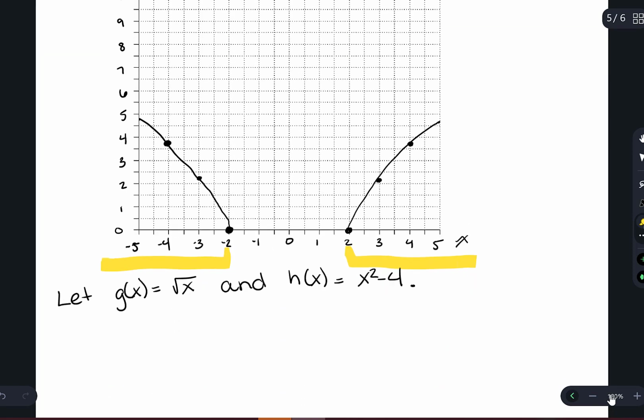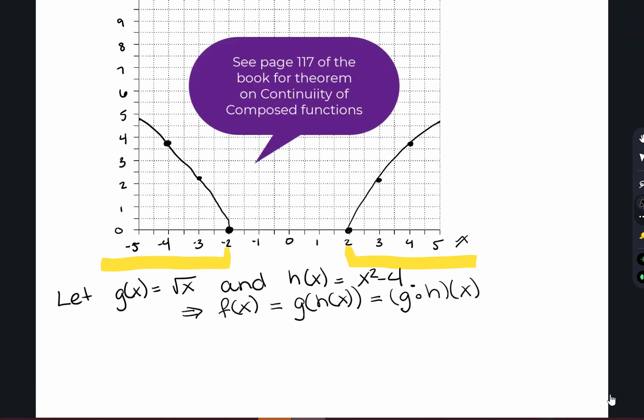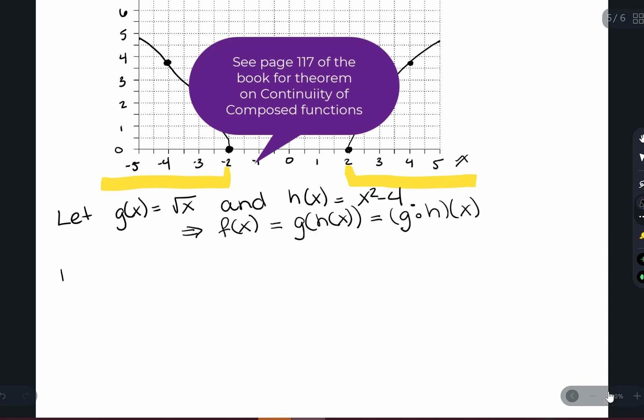So in other words, notice that f of x is really equal to g of h of x, and this is also written as g circle h of x. And so all of these, when we define g of x and h of x this way, mean the same thing.